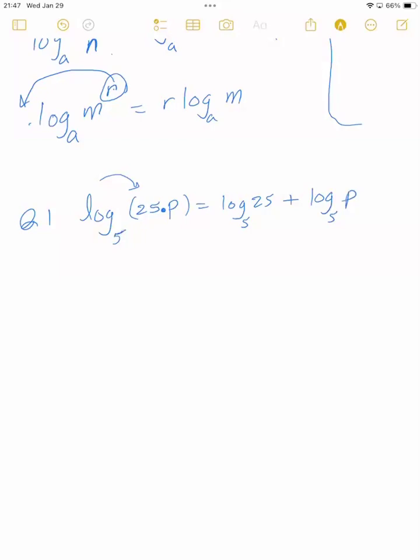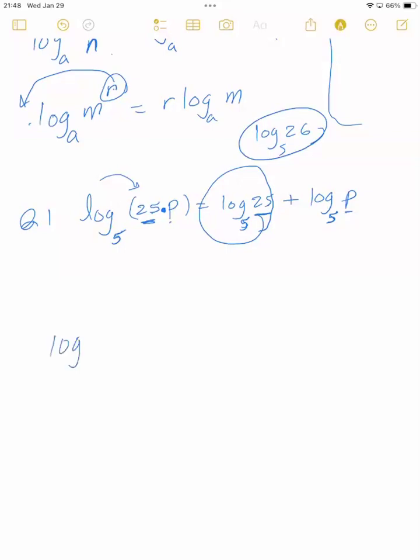So this base is 5, it is going to stay 5. But then you have 25 plus the other factor, which is p. And then you have to look to see if you can simplify it. For instance, if instead of 25, I had a 26, I would have left it as is. But I have a 25, so I can simplify it, and I need to.